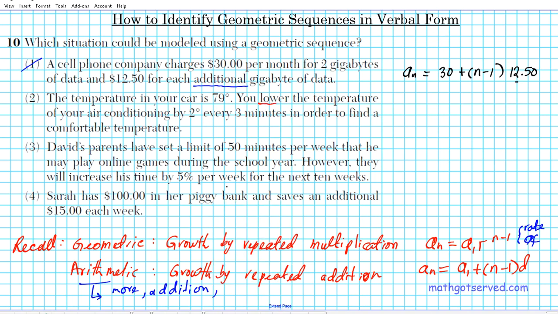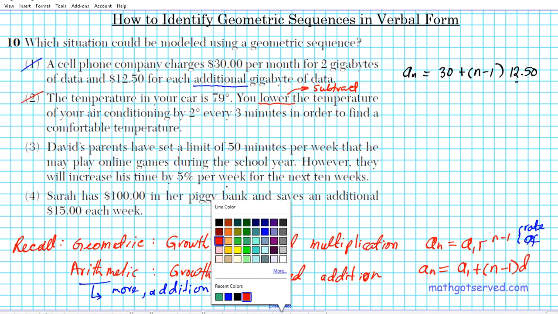To lower, what does that mean? It means to subtract. So lower means repeated subtraction. Okay, more is add, lower is subtract. So you're constantly subtracting 2 degrees every 3 minutes, or 2/3 of a degree per minute. So this is repeated addition by a negative number. So this is not a geometric sequence.